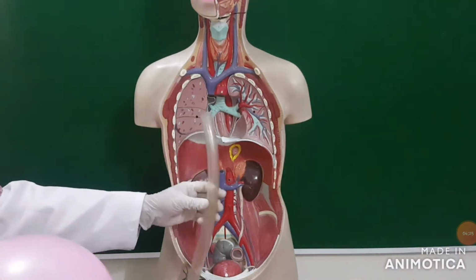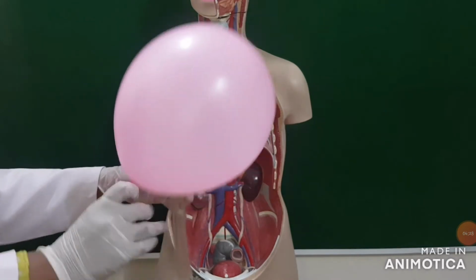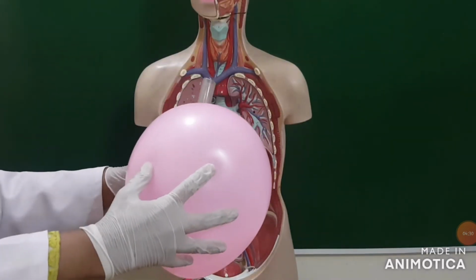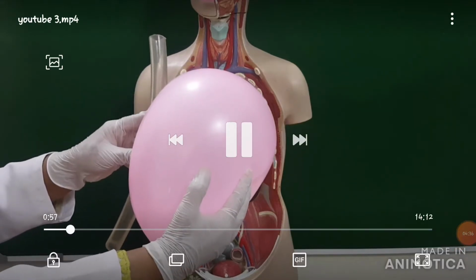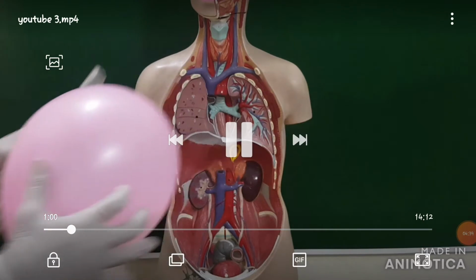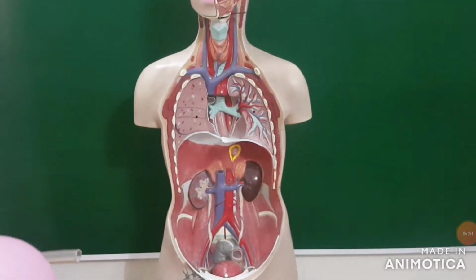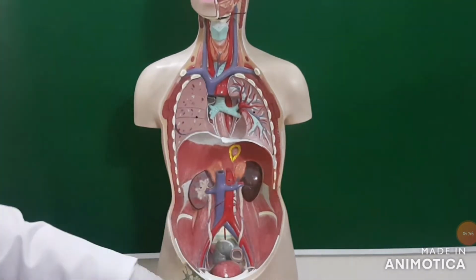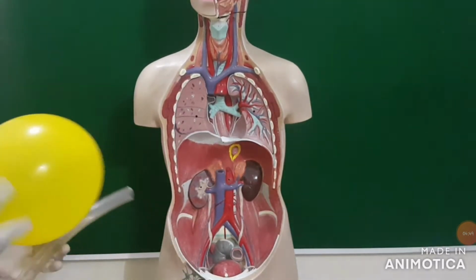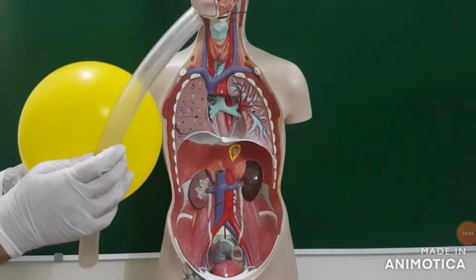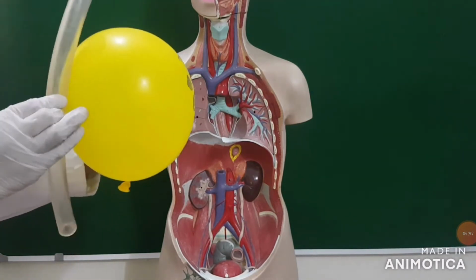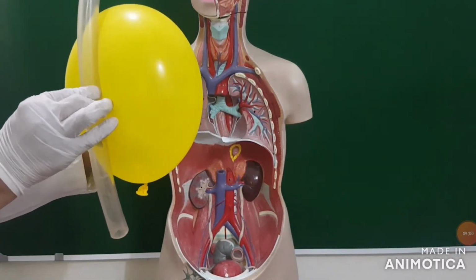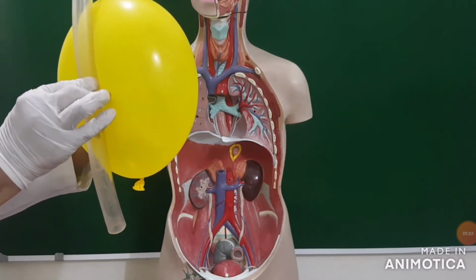Now, as you can see, I'll just turn it around so you can see how the developing gut is placed behind the developing peritoneal cavity. This is a semi-inflated balloon, and this is the developing gut which presses against this cavity from behind like this.